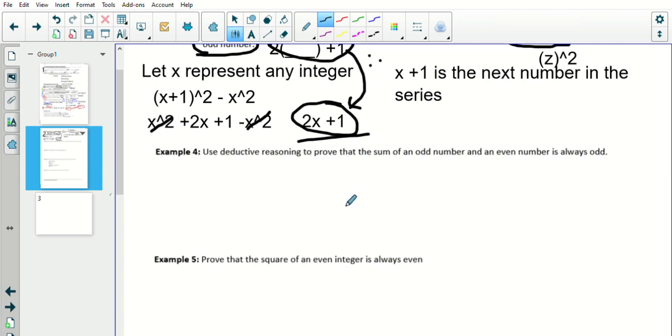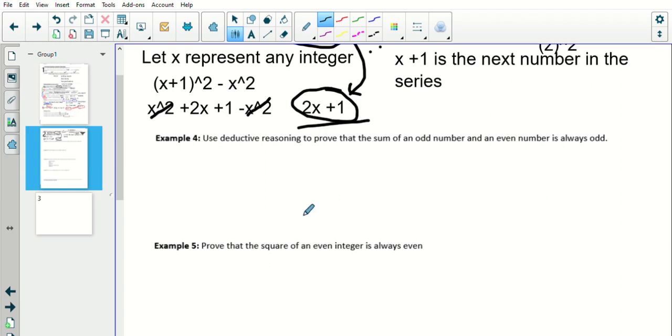Okay? So if I use deductive reasoning to prove the sum of an odd number and an even number is always odd, breaking this down, we'll do this real quick. Prove the sum of an odd number and an even number is always odd.